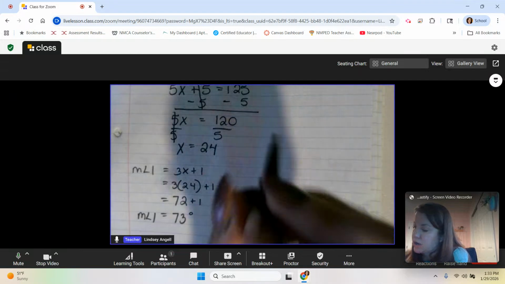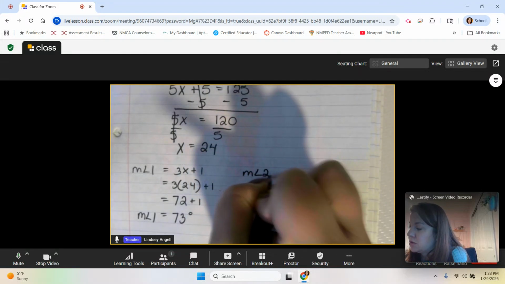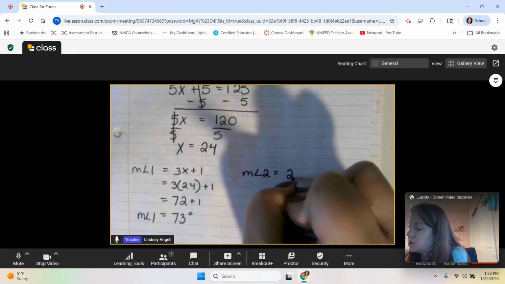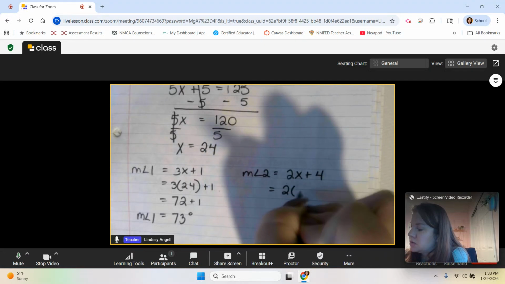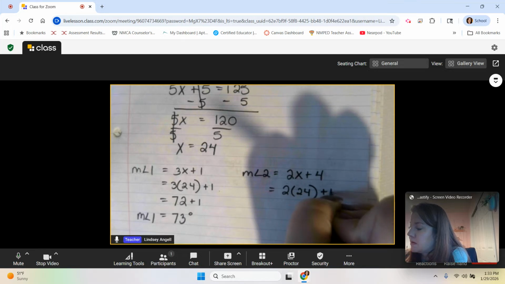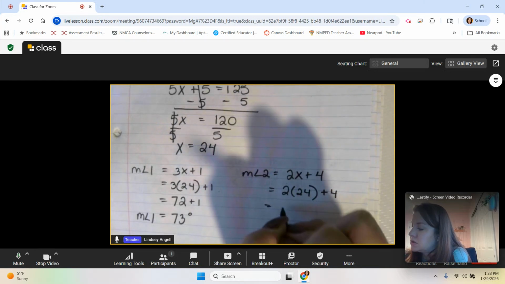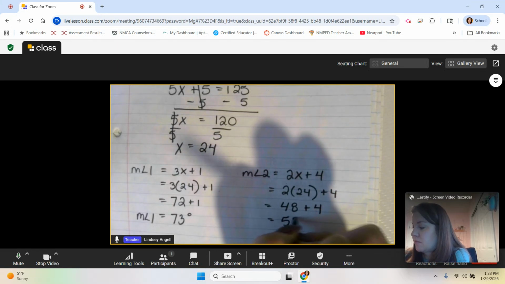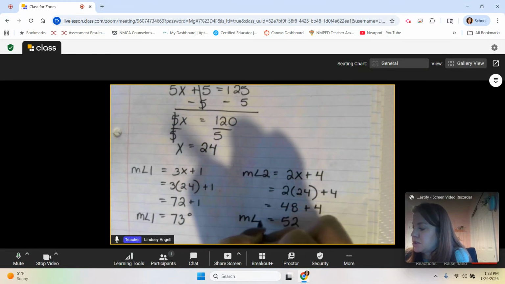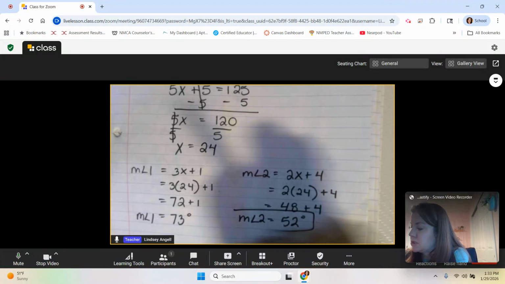Okay, let's check on measure of angle 2. Measure of angle 2 is 2x plus 4. So 2 times 24 plus 4. Well, 2 times 24 is 48. Plus 4 is 52. So the measure of angle 2 is 52 degrees.